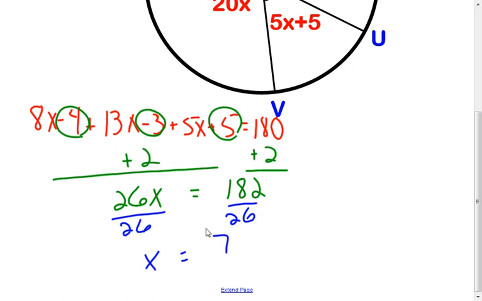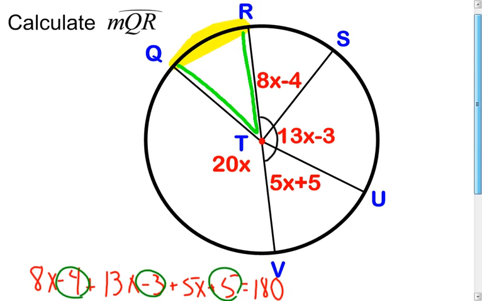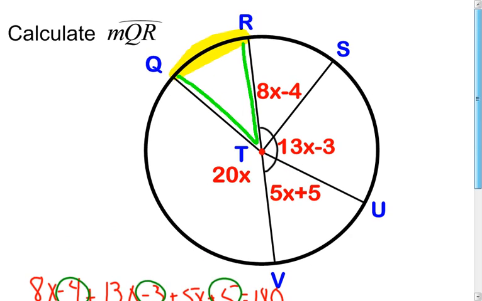Now that I know the value of x, I can come back up here and put it right here into this angle, 20 times my 7. Therefore, I know the measure of this angle is 140 degrees. And that's helpful because now these two angles together are going to have to add up to 180 degrees.